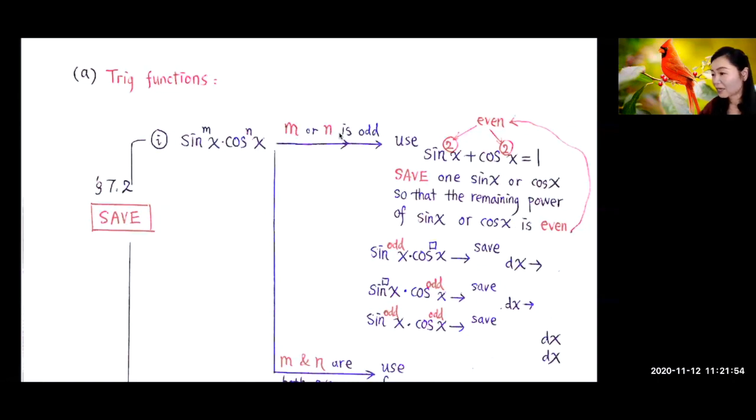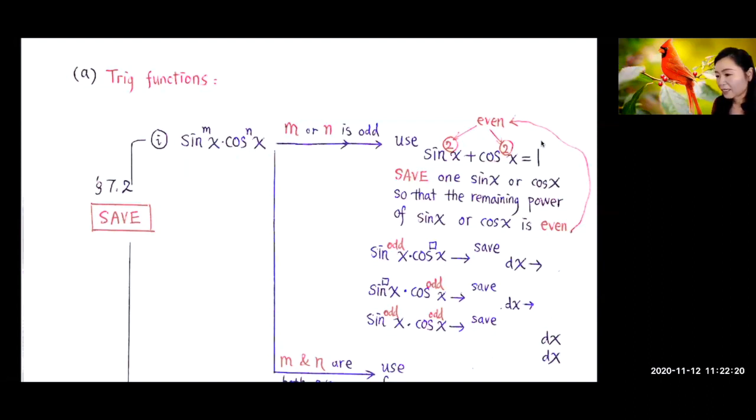Let me see if you guys remember. We're going to use this identity, sine squared plus cosine squared equals 1. The idea is we try to save one sine x or cosine x so that the remaining power of sine x or cosine x is even.